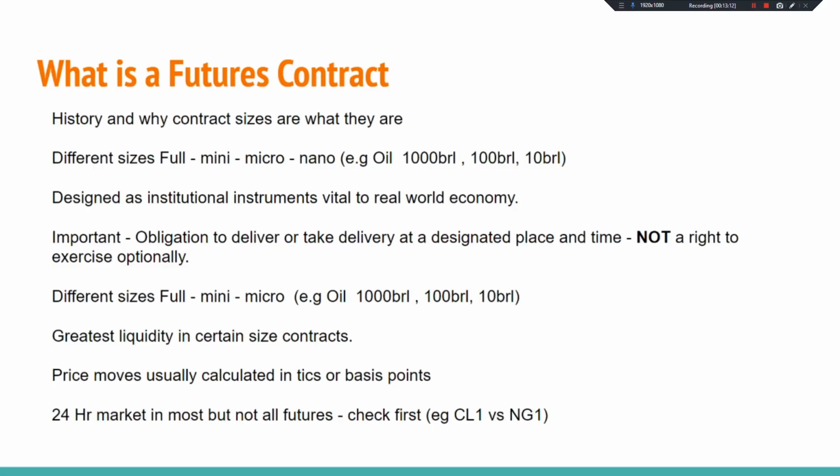Liquidity can vary quite a lot within futures, so you need to look at it. When you look at any of the listings, you'll find there are tens of thousands of different contracts. The reason there are so many is sometimes it's just where the delivery is going to take place.